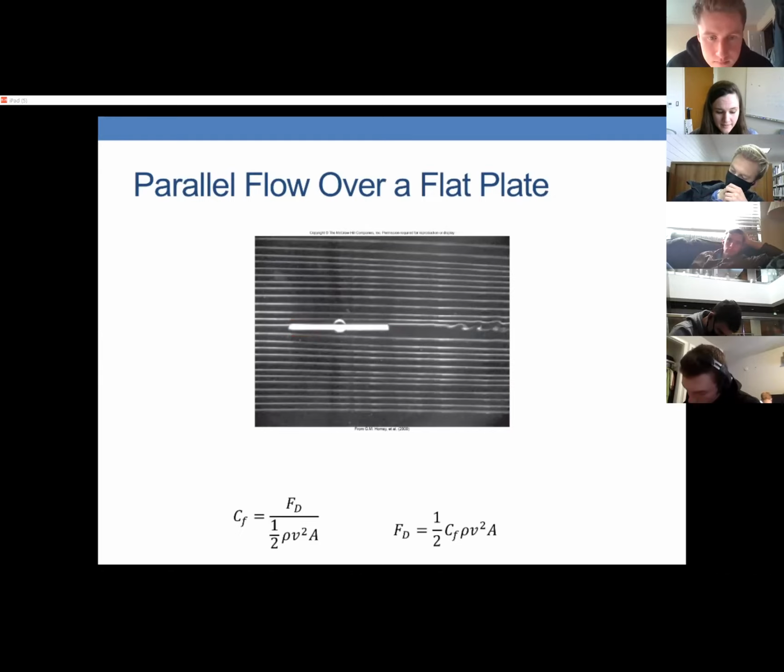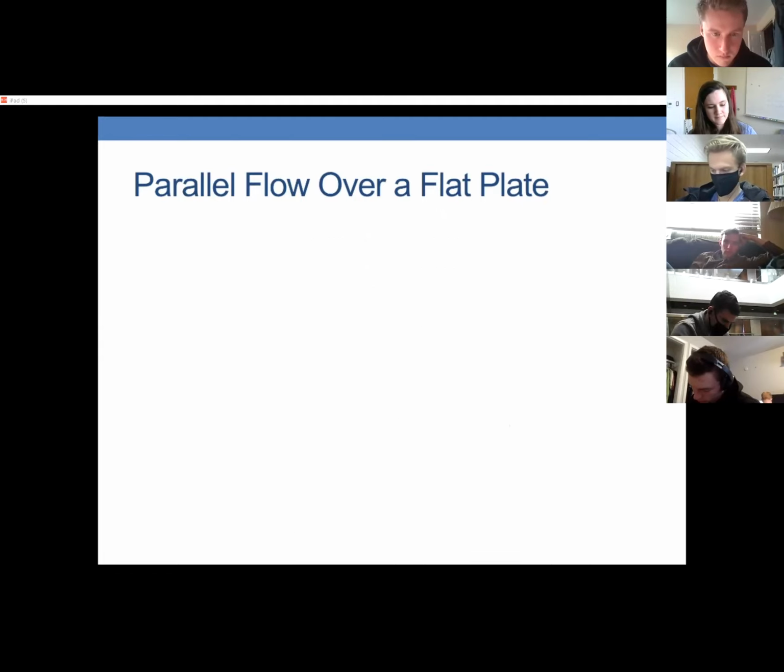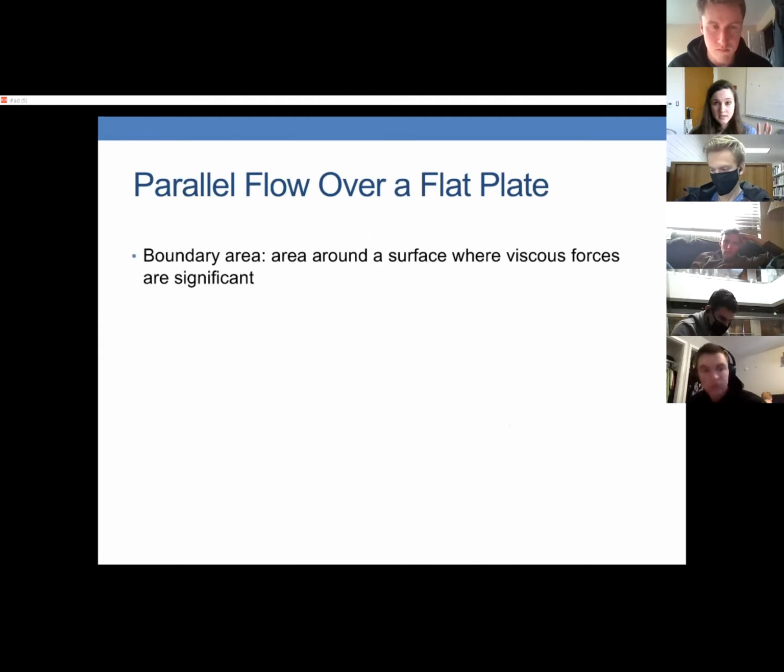And so we now say, instead of the regular drag coefficient, we're going to call it the friction coefficient. So it's just sort of defined the same. It's the friction coefficient now. Define this. Okay.